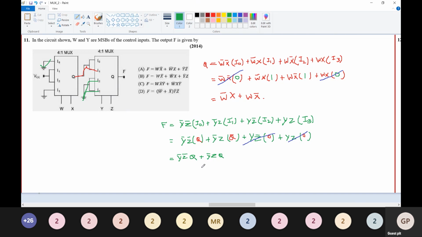Y dash Q is common in both terms. So we take Y dash Q times Z plus Z dash, and Z plus Z dash is equal to 1.